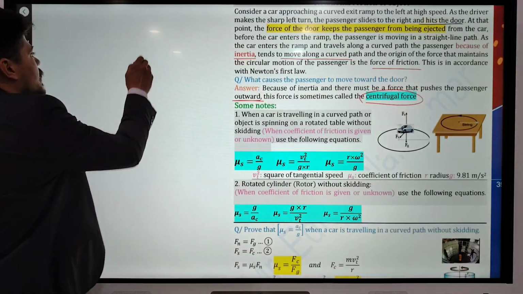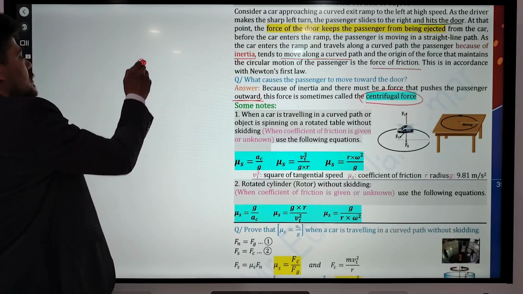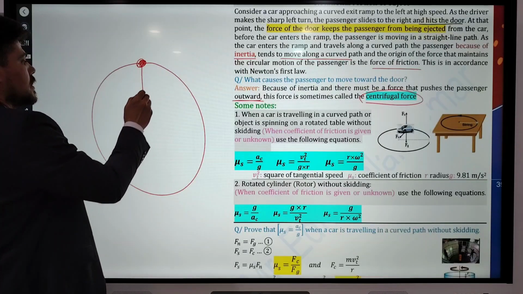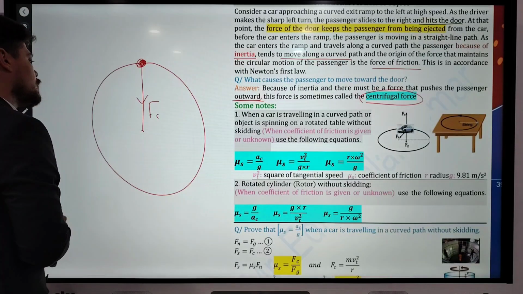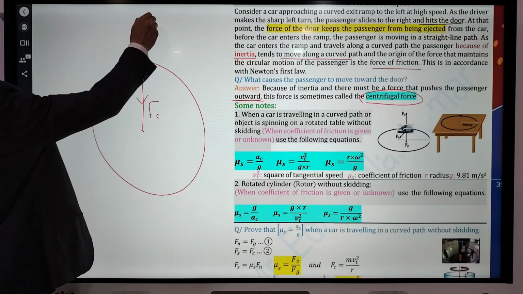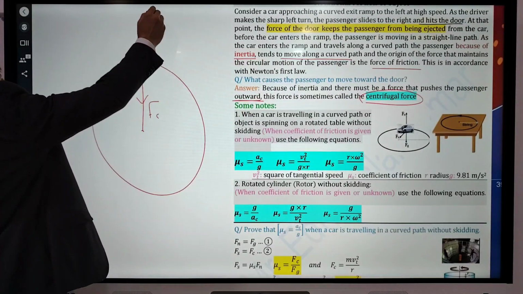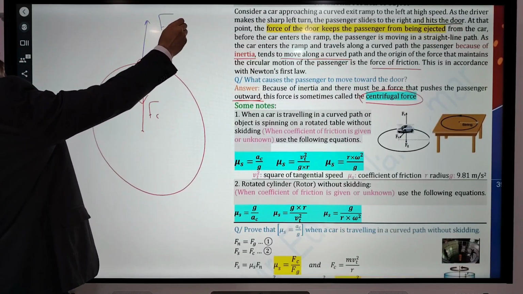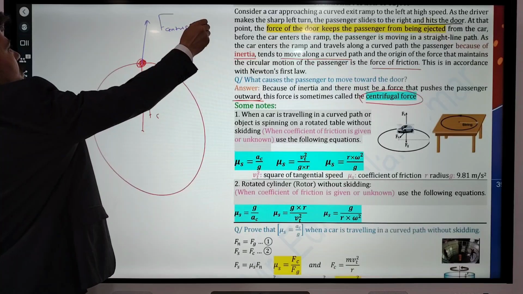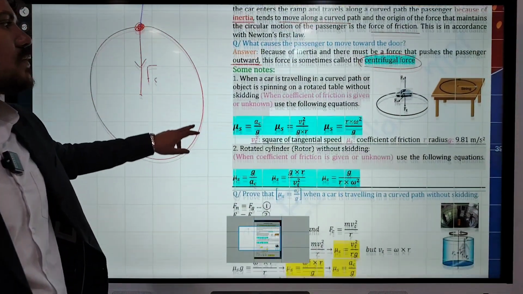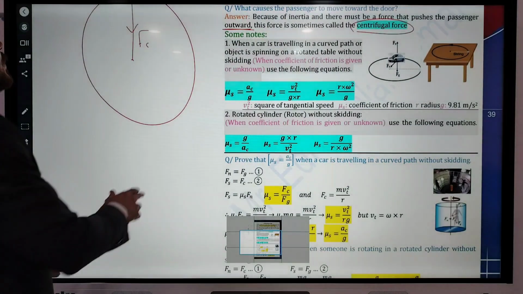For example, when an object is moving in a circular path, the centripetal force is always toward the center. But the centrifugal force is always directed away from the center of the circle because of the inertia. Okay.